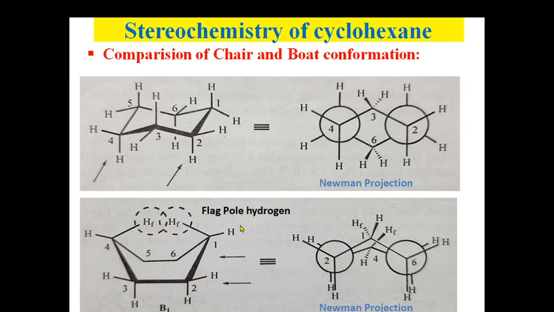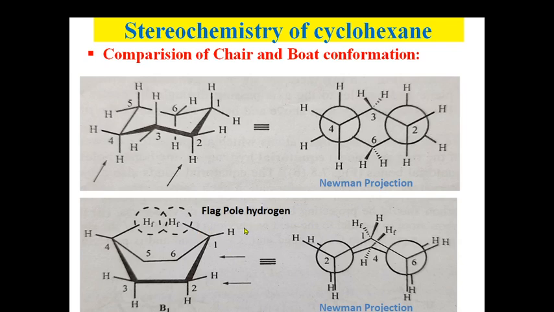Now why are they called flagpole? They just look like a flag, and these flagpole hydrogens are interacting with each other because the sum of the van der Waals radii of these two hydrogens is 2.5 angstrom, and the space available here is just 1.8 angstrom, and therefore they try to repel each other, and that increases the energy of the molecule, making the molecule unstable.